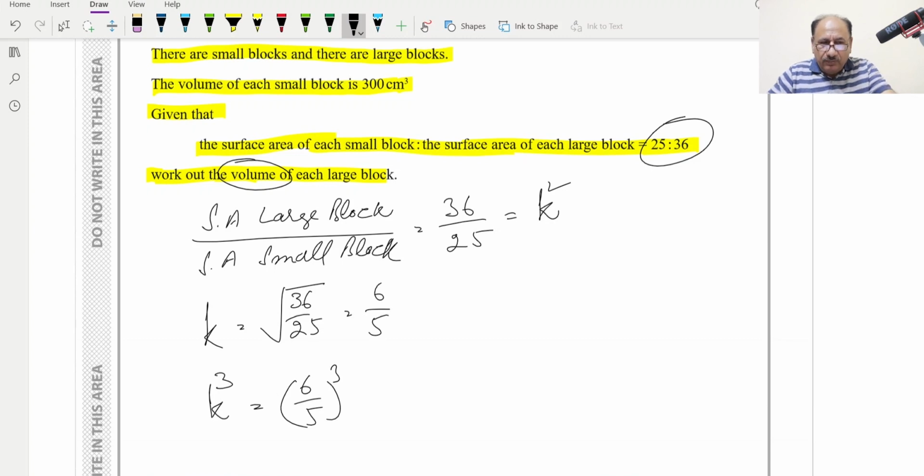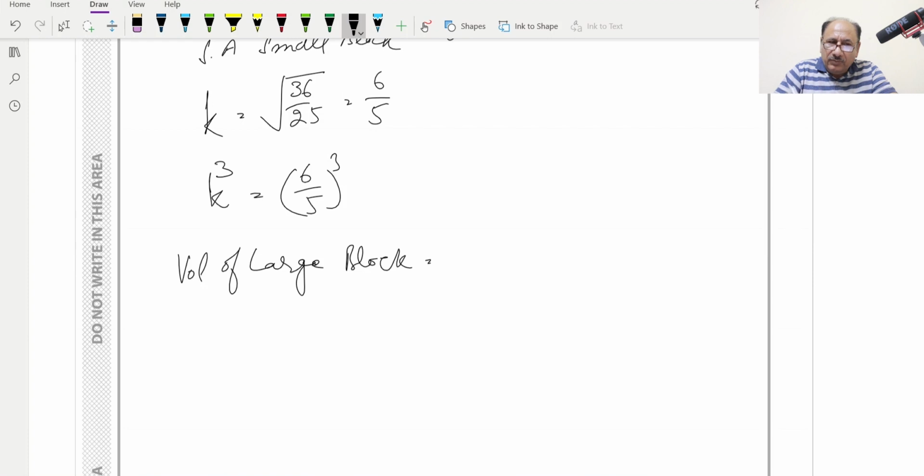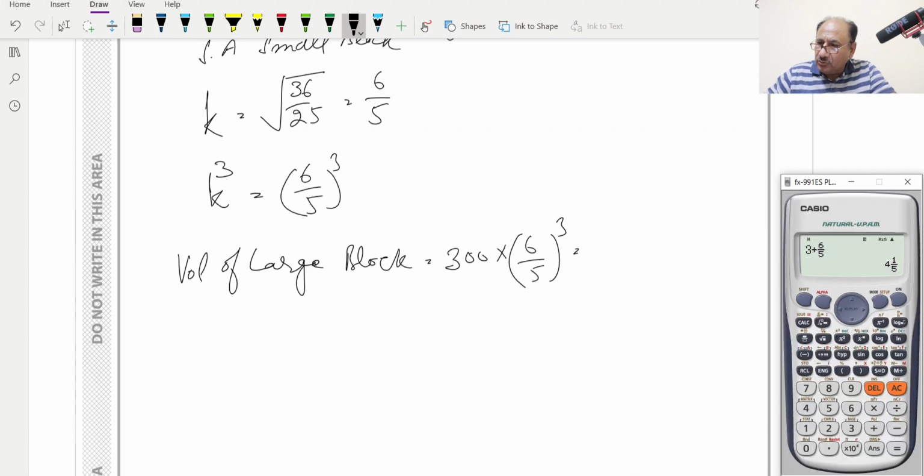Now the volume of the large block will be equal to 300 multiplied by 6 over 5 cubed.